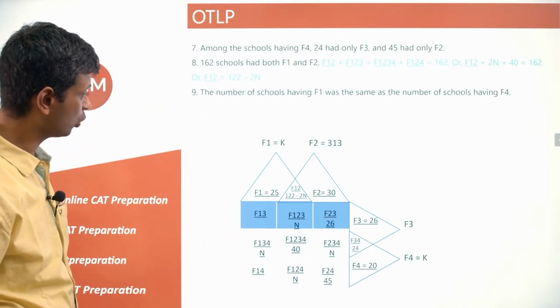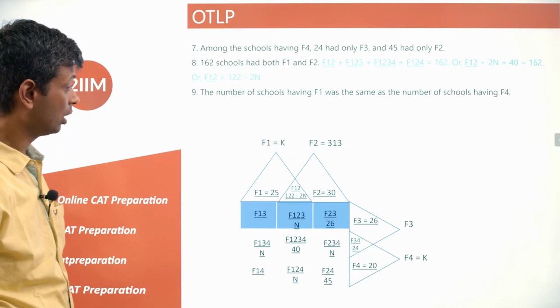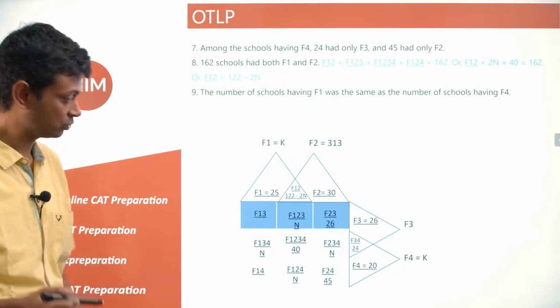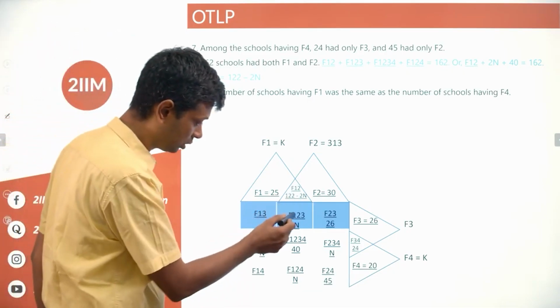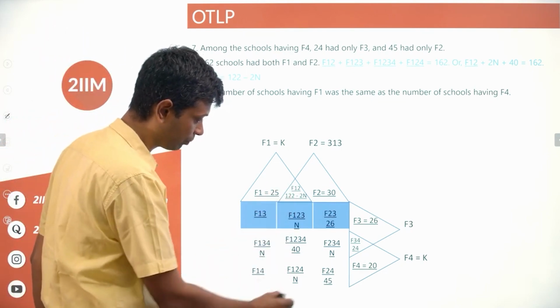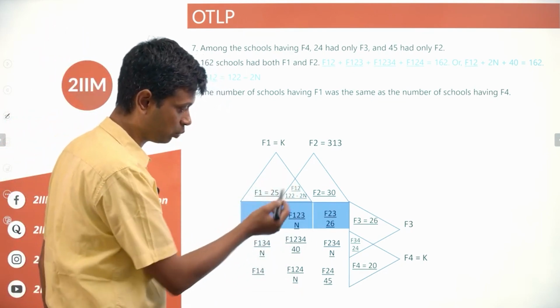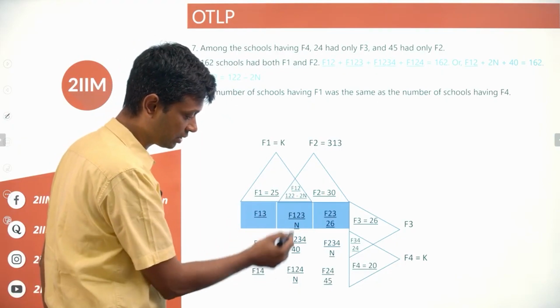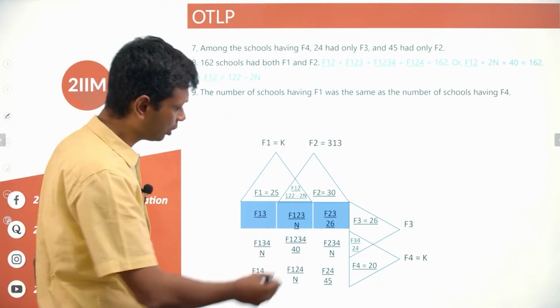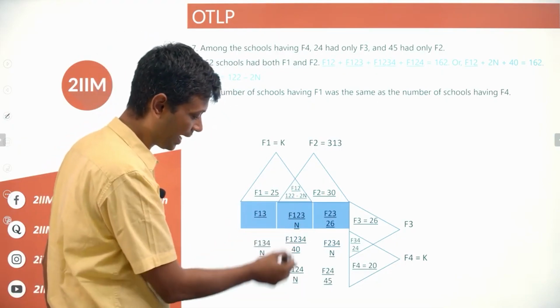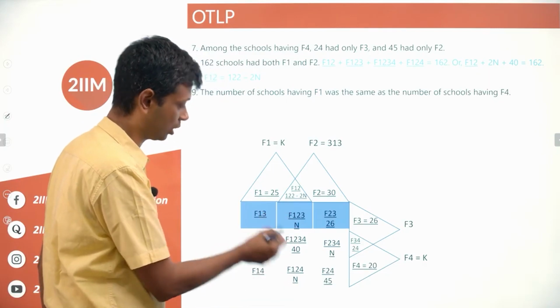So we know that 162 is the total F1 intersection F2. And so these 4 add up to 162. F12, and then these add up to 162. Think about it. This is 40. These two are n and n. So 40 plus 2n is accounted for.